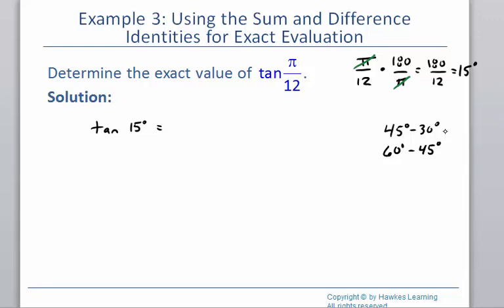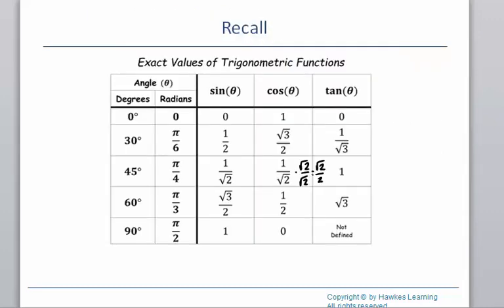One thing to keep in mind is that your tangent values, the tangent of 30 is, I'm going to go back up here to my chart and let you take a look at that. The tangent of 30, when I rationalize it, is square root of 3 over 3. All right, my tangent of 60 is here.